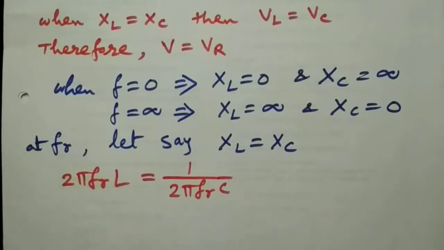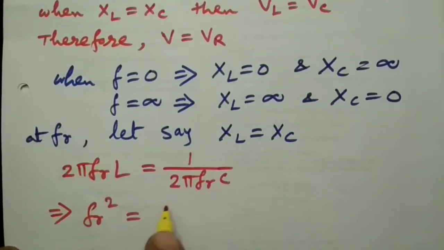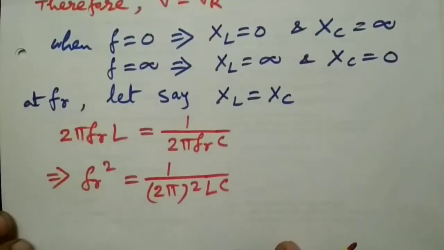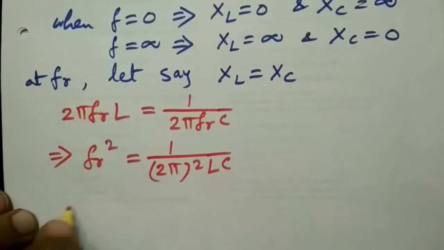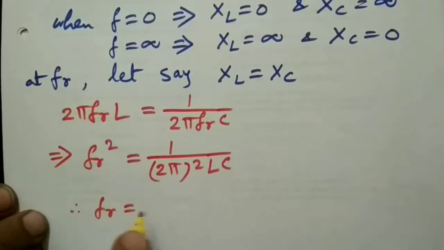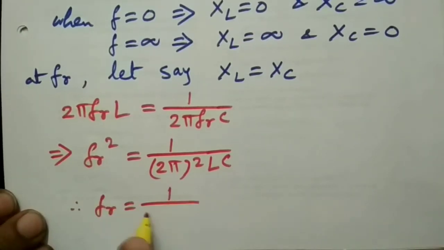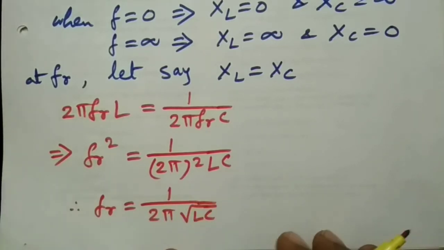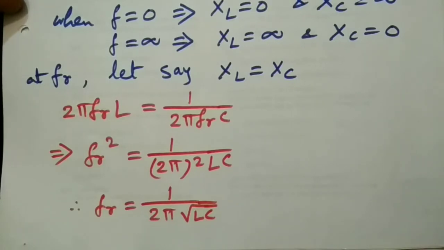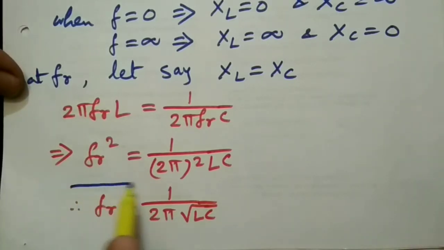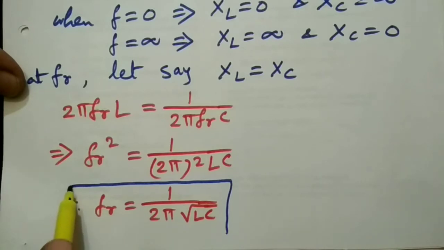From these relations we can write FR square is equal to 1 upon 2 pi square into LC. So finally we can write FR is equal to 1 upon 2 pi root LC. So this is the resonant frequency of a series RLC circuit.